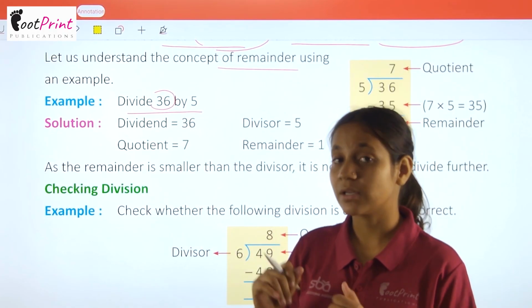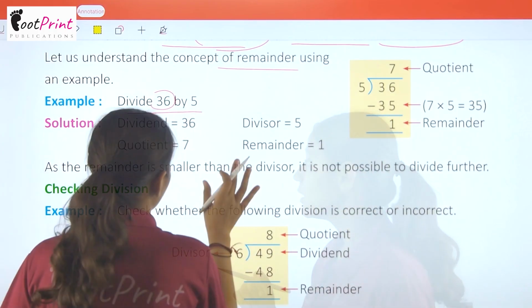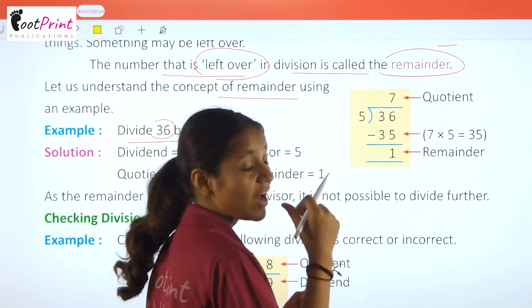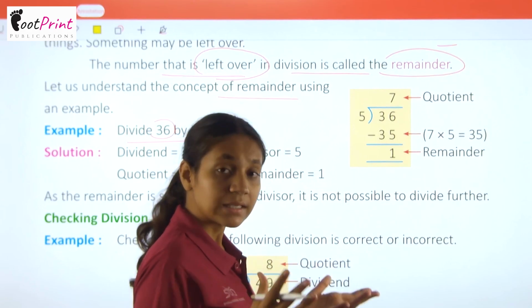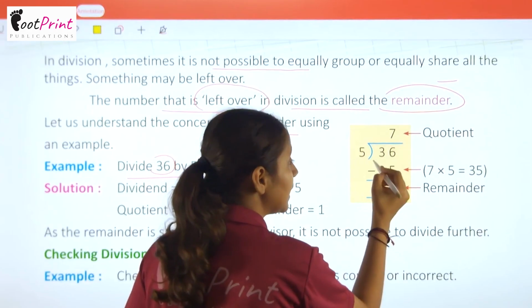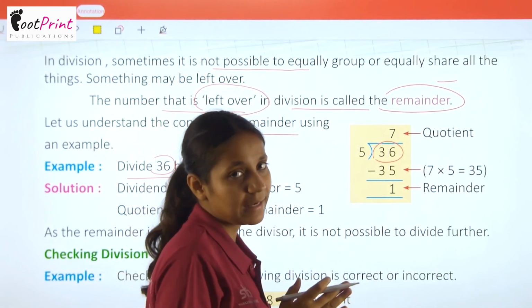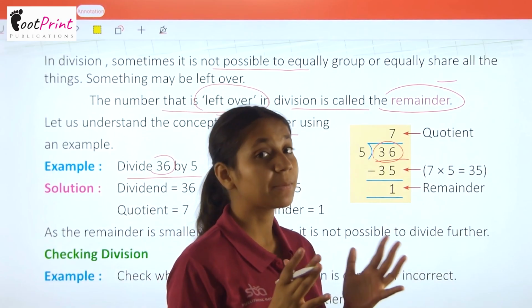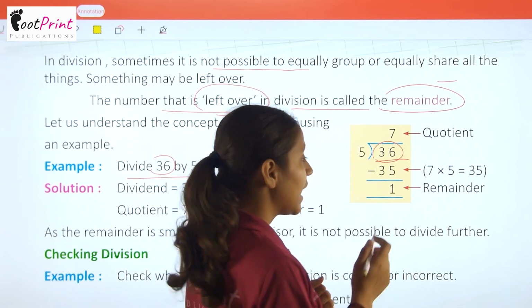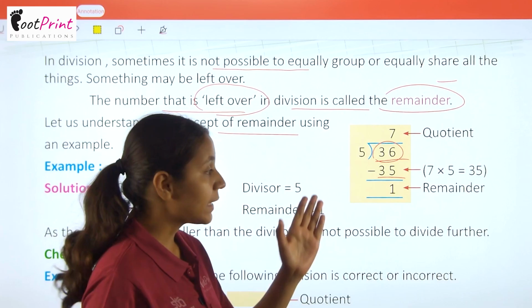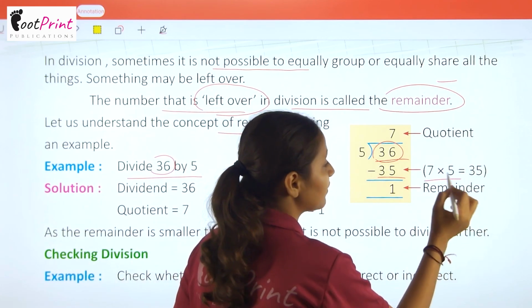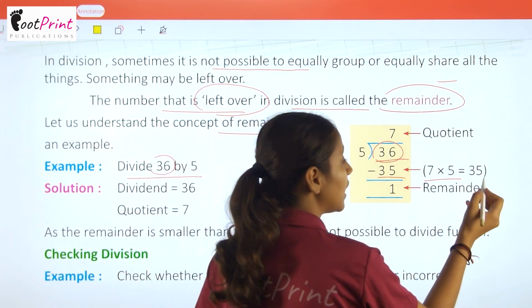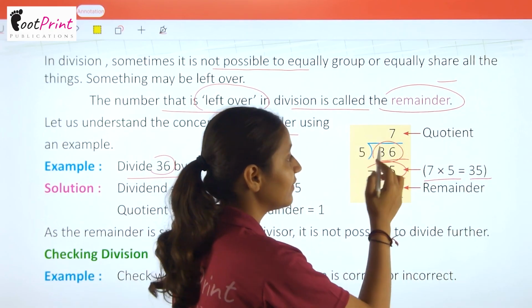We cannot do this by equal grouping. 36 does not come in the table of 5. So now we check the number before 36 that comes in the table of 5, and that is 35. It comes at the 7th place in the multiplication table of 5. That means 7 fives are 35. So we write here 35 and the quotient is 7.